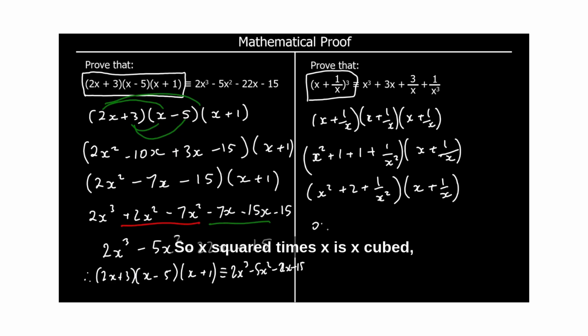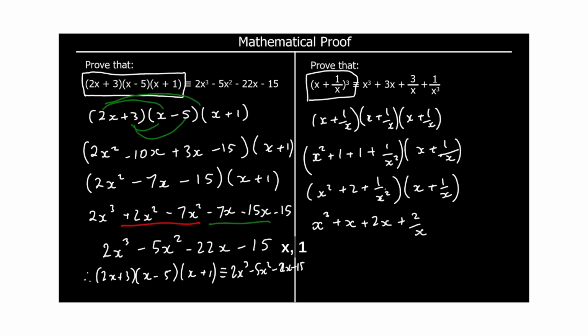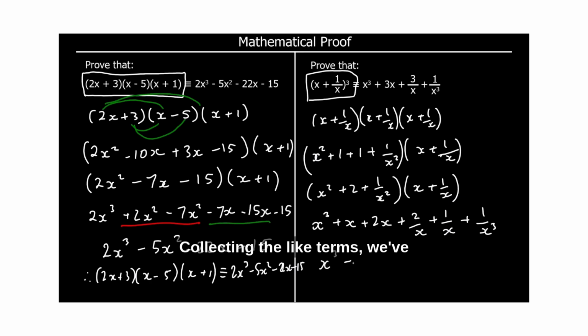So x squared times x is x cubed. x squared times 1 over x is going to be x. 2 times x, 2x. 2 times 1 over x is 2 over x. 1 over x squared times x is 1 over x. And 1 over x squared times 1 over x is 1 over x cubed. Collecting the like terms, we've got 3x plus 3 over x.